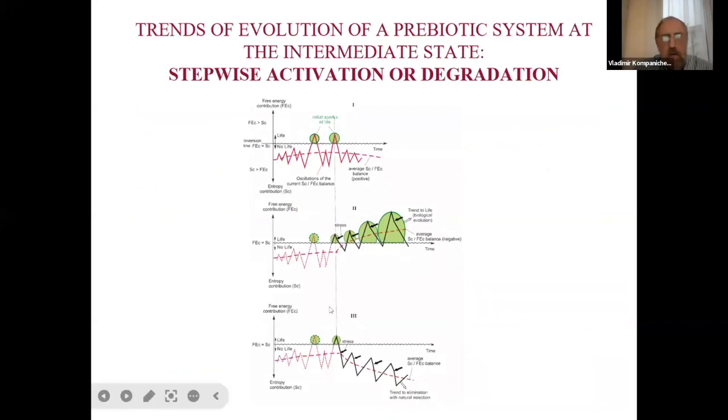And these two possible trends of evolution are shown here. This is the initial oscillating state of prebiotic microsystems. This is the thermodynamic barrier between life and non-life.